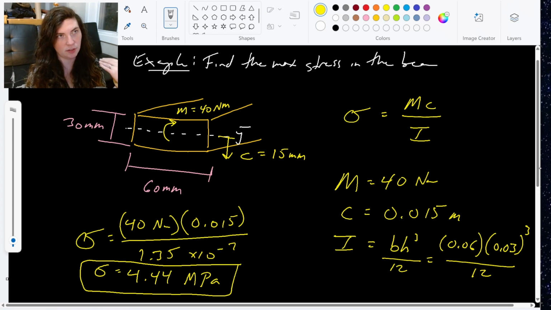Mostly because moment of inertia is a huge pain sometimes, so I like to save that one for last. And then I dump all of those three ingredients into my recipe, and I mix them together in my equation, and I get my answer, right? Plug and chug. So this was a pretty simple example, but let's look at something a little bit more complex.